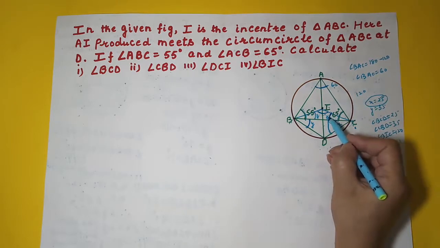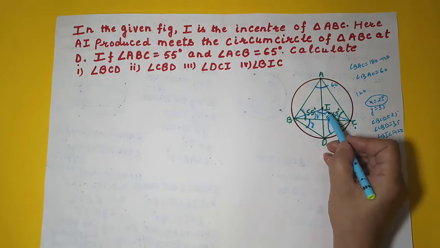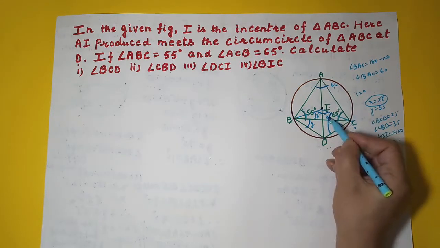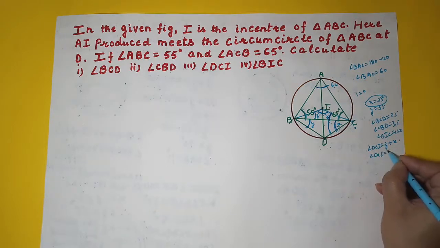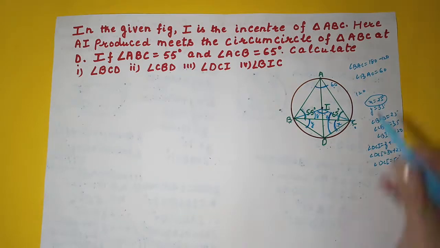Now we need to calculate this Z. If this is 120, this will be 30 and 30. So 30 plus 25, my DCI will be 55. This is how you should plan your solution before actually writing the question.